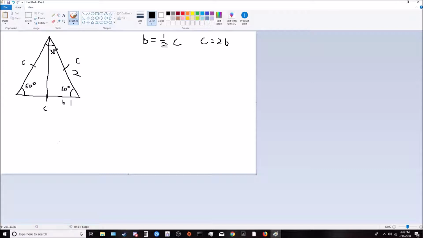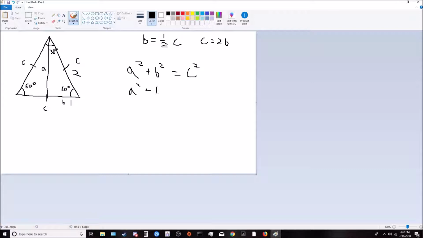So what about this side length? Let's call it A to be consistent with the Pythagorean theorem. If you write out the Pythagorean theorem for this problem, I'm going to start off with a squared plus b squared equals c squared. Since we know that c is equal to 2b, we can just plug that in.